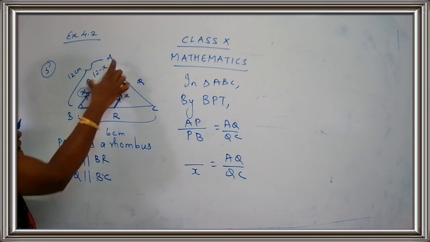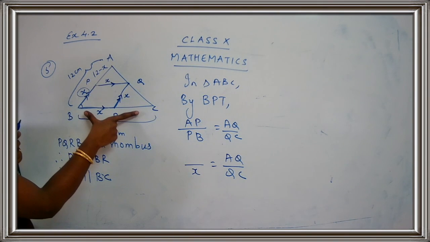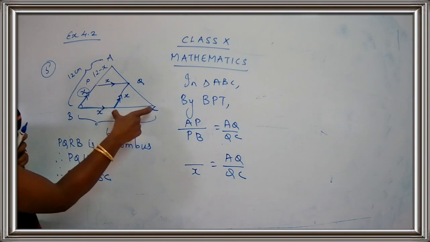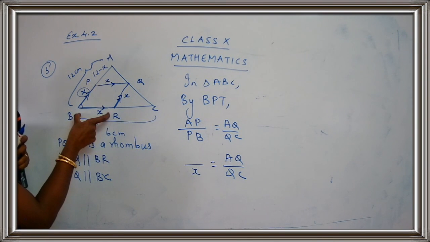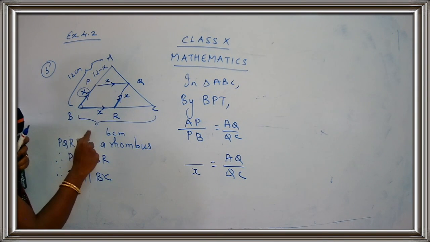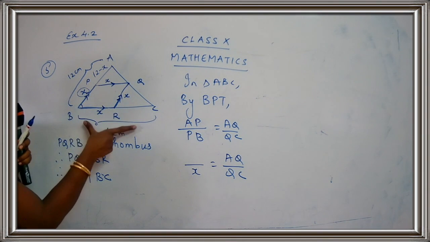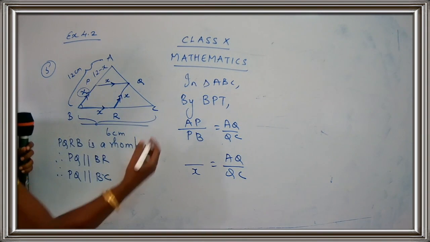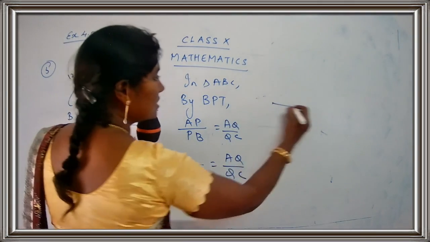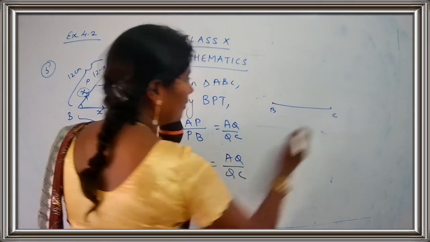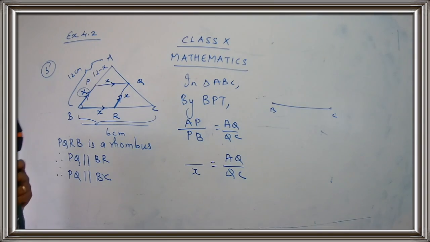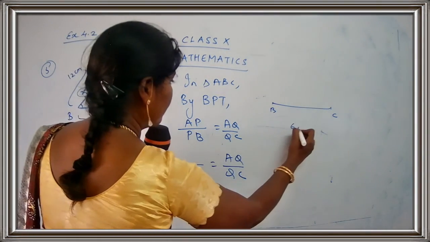So you get AP. Similarly here, just see, from BC, if you remove RC, you will get this value. So if this is 6, here I want the value for RC. Yes, children? So from BC, I'll just draw a figure here. So this is BC. Now what is the measurement of BC? It is 6 centimeter.